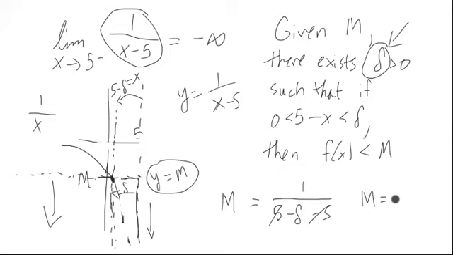So 1 over m, hold on, I didn't take the reciprocal of that side, did I? 1 over m, that looks a little bit better. Yes, negative delta is equal to 1 over m, and then delta is equal to negative 1 over m.